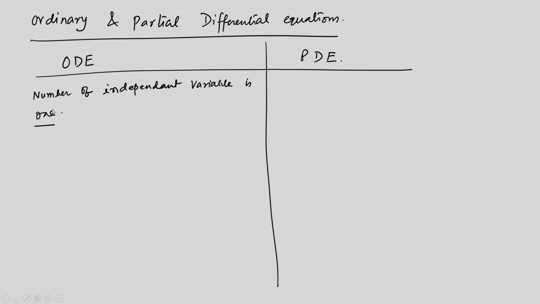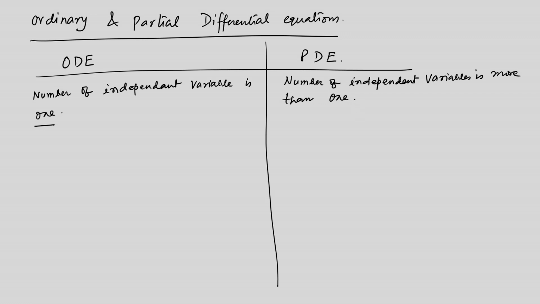So, that is called an ODE, and when the number of independent variables is more than 1, then this is of course called a PDE.